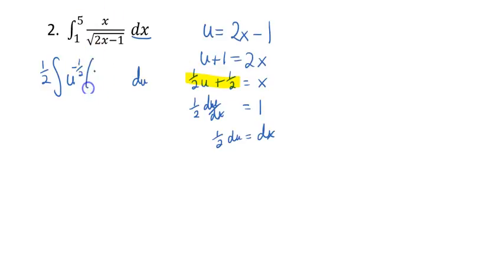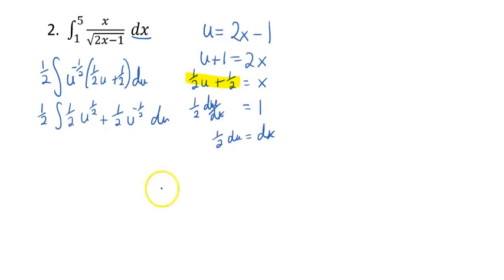So I'm going to put that in parentheses, and I have everything accounted for now. I need to distribute through. So when I add the exponents, I have negative 1/2 and 1, which will be positive 1/2. And then here I just multiply by 1/2, so I don't have to worry about adding exponents. And I'm ready to go to my next step.